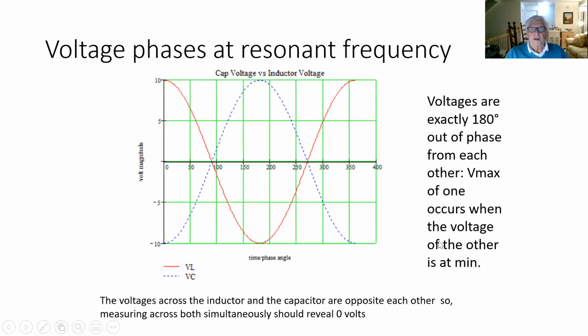And if we look at what happens at the resonant frequency, the voltage for VL is the red.